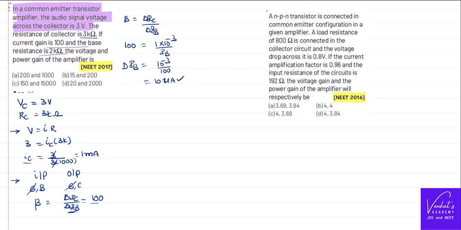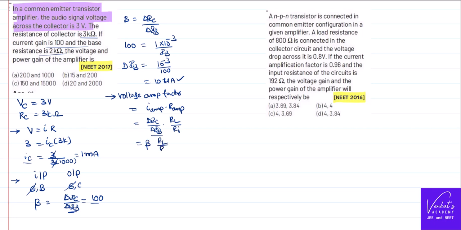Now you want the voltage amplification factor. Voltage equals IR, so the voltage amplification factor is the current amplification factor times the resistance amplification factor. The current amplification factor is IC by IB, and the resistance amplification factor is RL by RI. IC by IB is nothing but beta.